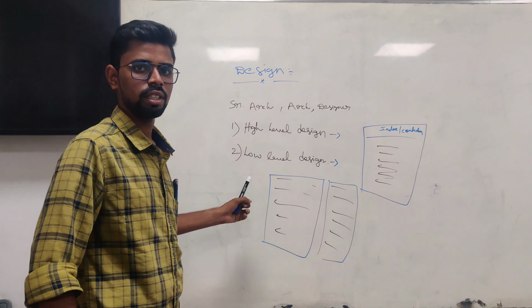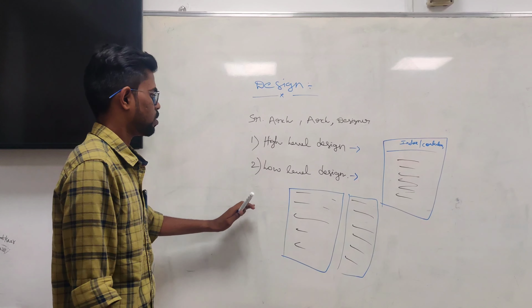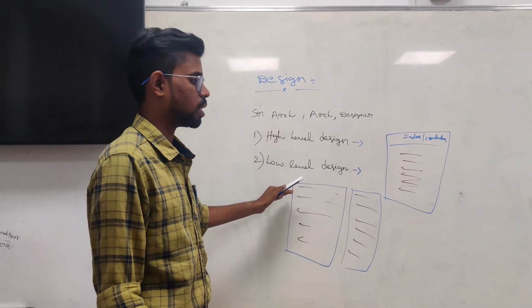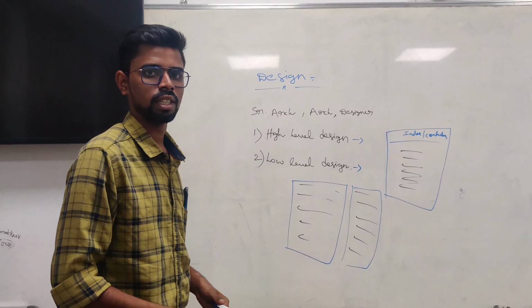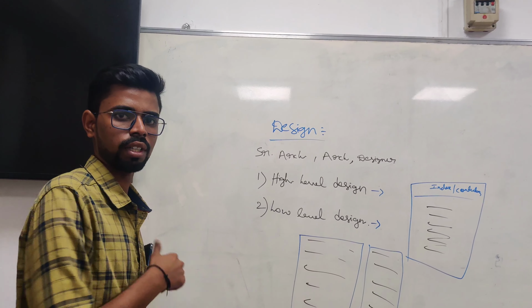Inside the book we can see the entire data of lessons and so many things. These pages are an example of low level design. The design stage is completed. Next we will see what is coding.